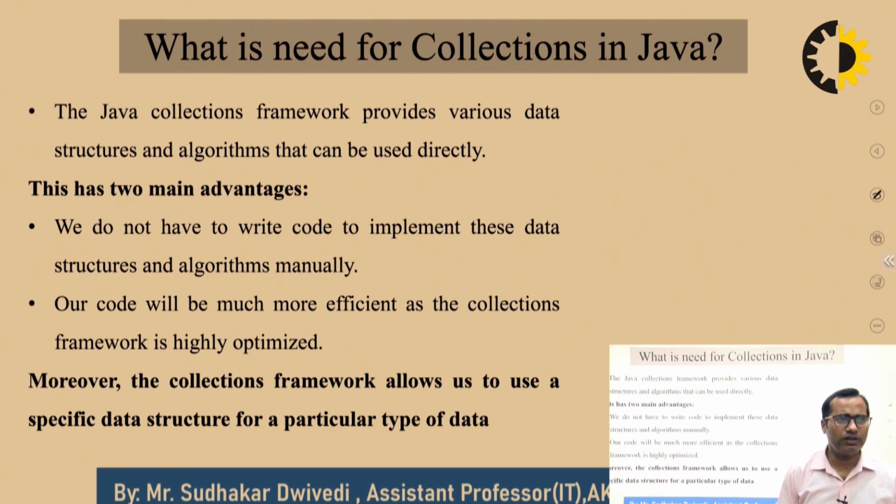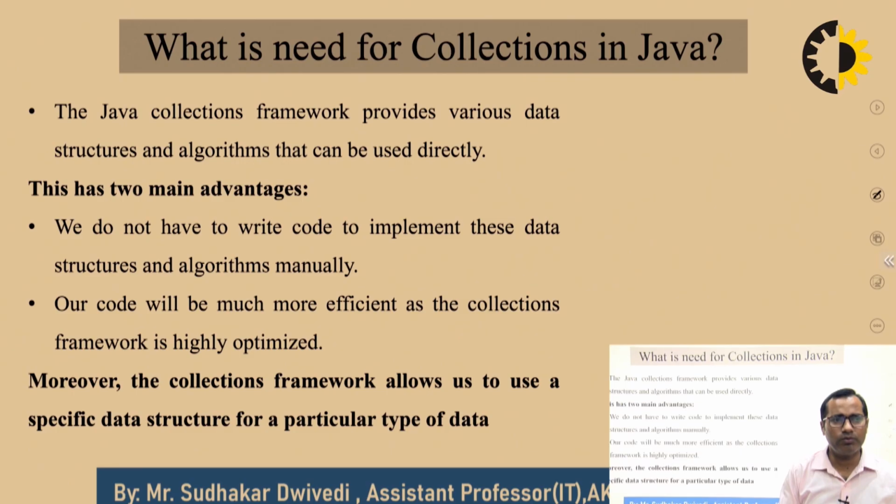The first one is we do not have to write the code to implement these data structures. Whatever data structure is defined in this collection framework, we do not need to write the algorithms manually. And not only are we freed from writing them manually, they are also optimized for higher performance.